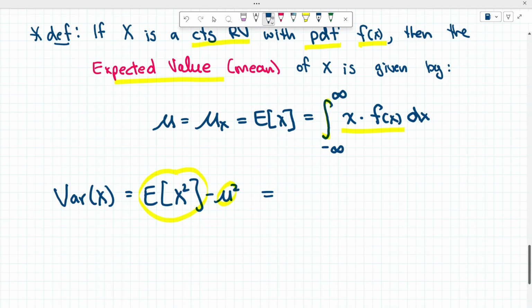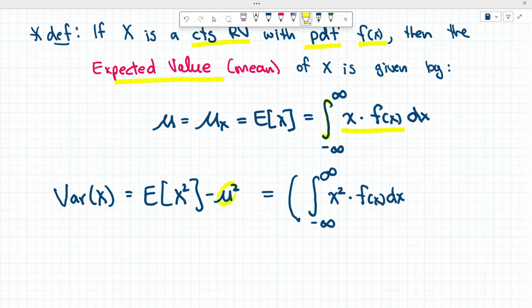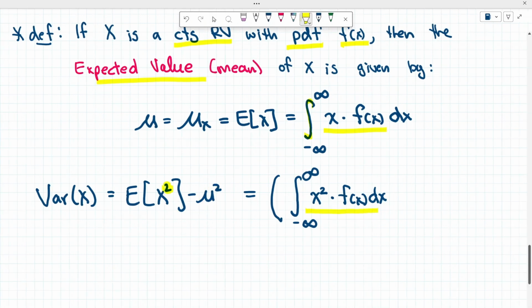So this here just equals the integral from negative infinity to infinity of x squared multiplied by f of x dx. So that is this value over here. Remember, because we have to square this value, that represents that term.